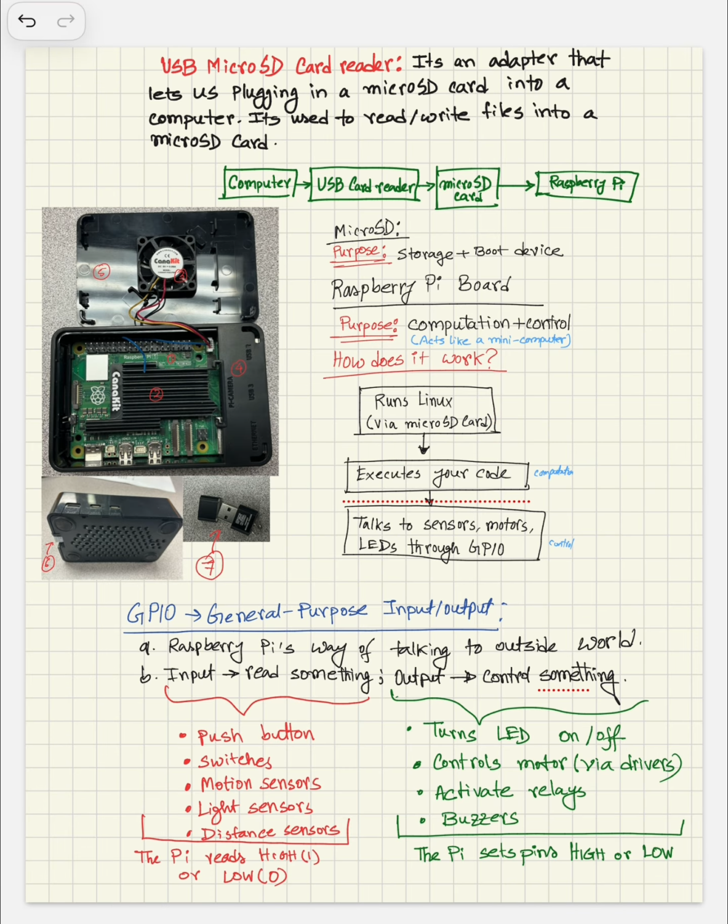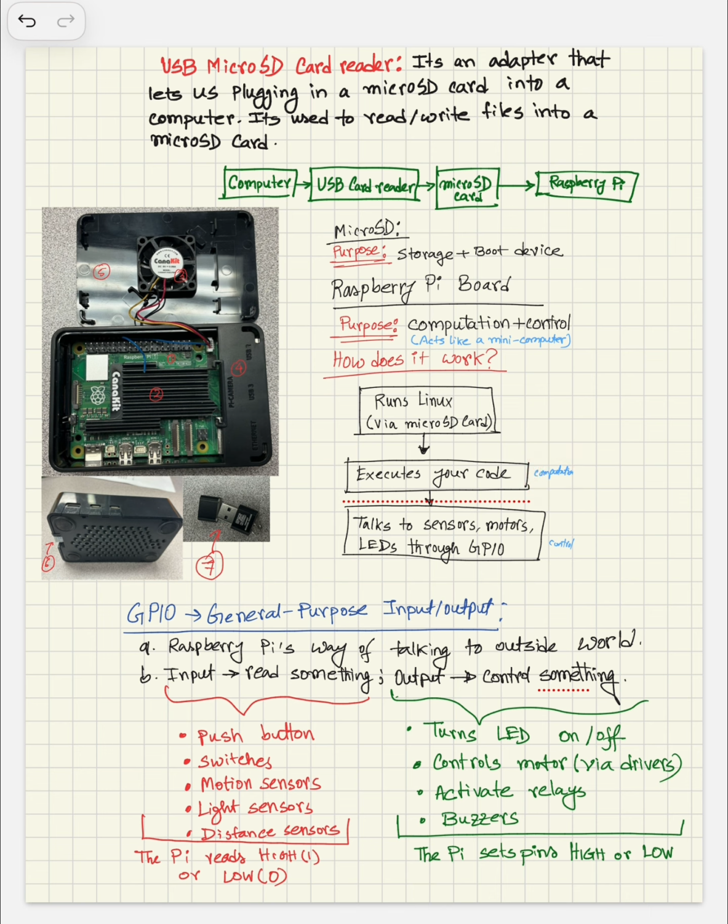As I said, the micro SD card will have the operating system. So it runs that operating system, and then it executes the code. The purpose of code is nothing but a function that gets some input, computes, and provides us some output. So it performs some sort of computation here.